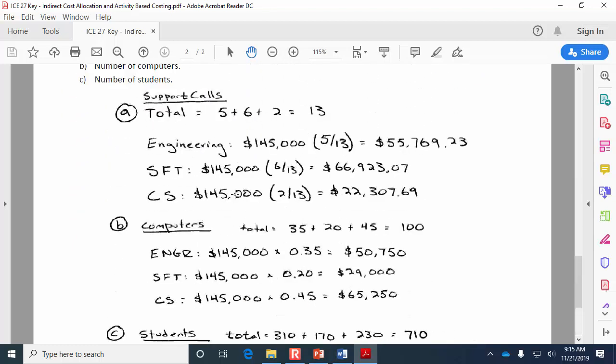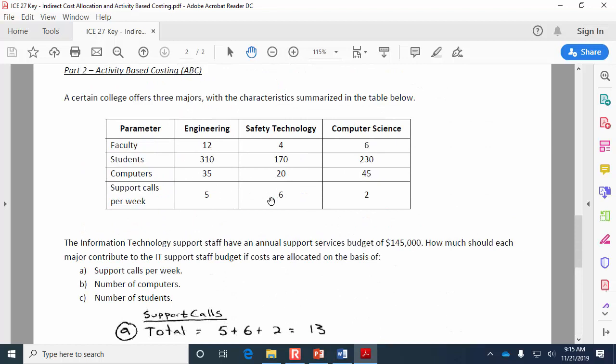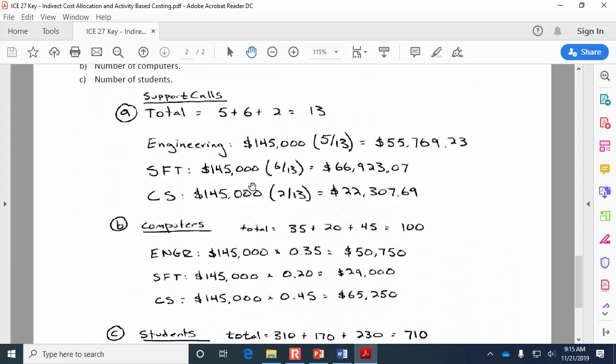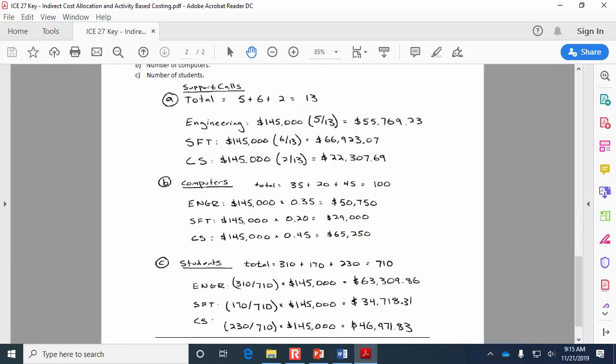We don't actually do it based on faculty, but in the case of the support calls, computer science, it looks like they would have very few support calls. Presumably they can solve some of the things themselves, whereas the other people can't. So this in-class exercise was just trying to look at, of these costs, how would you decide to divide up the pie of how much each group has to pay?